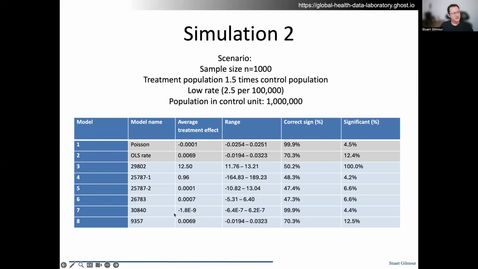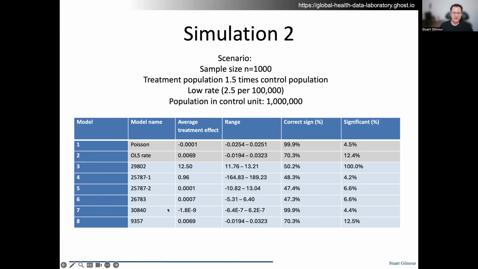So you can see these models just behave completely differently depending on the population size in the treatment group compared to the control group. Now here the treatment is 1.5 times the control population. Recall I gave examples before of models where the treatment population might be 5 or 10 times larger or smaller than the control population.